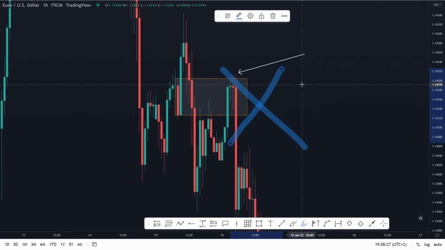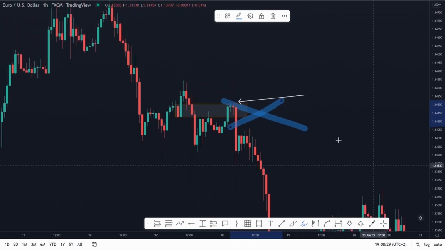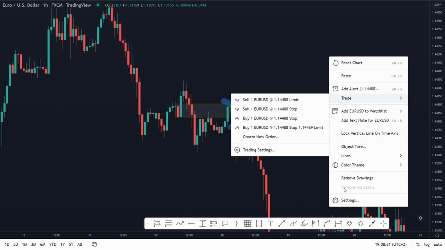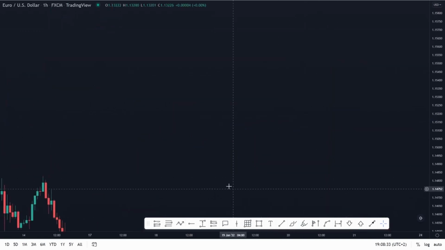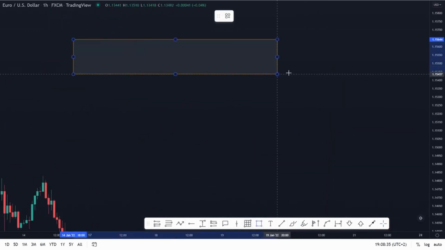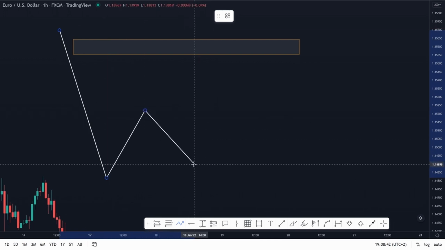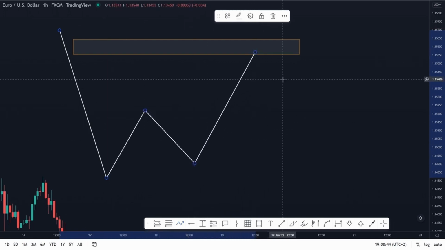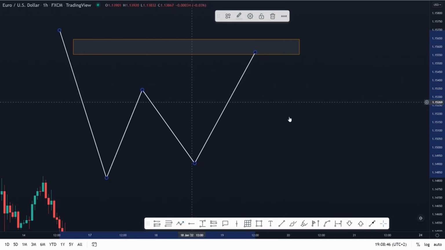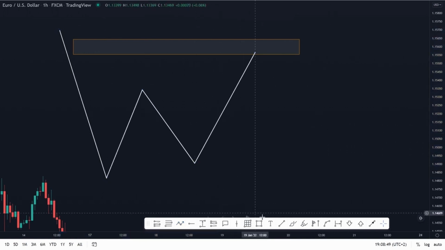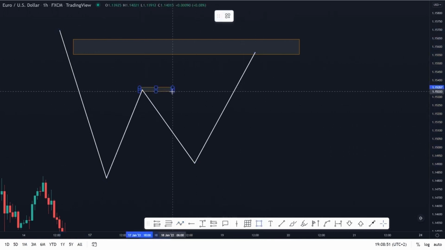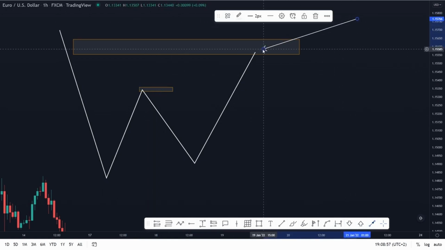Before the market comes to your zone, let me show you something very quickly. This is your zone over here. Let the market do something like this. A wave like this confirms the market. Let the market break this low, this high here, and then enter on this second one.